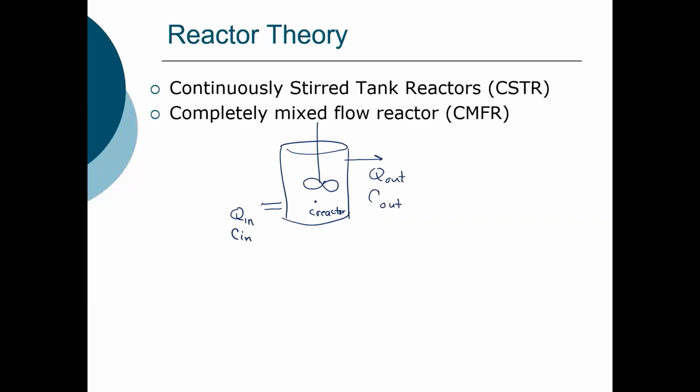We have a concentration in, we have a concentration out. If we have a completely mixed reactor, we can say that the concentration in the reactor is equal to what? The concentration out. So if we have a completely mixed reactor, then the concentration in the reactor is equal to the concentration leaving the reactor.